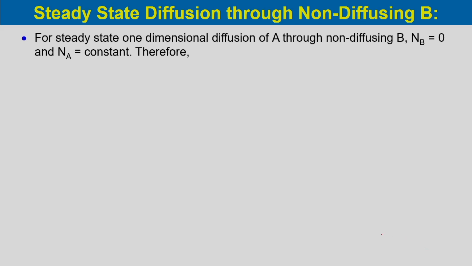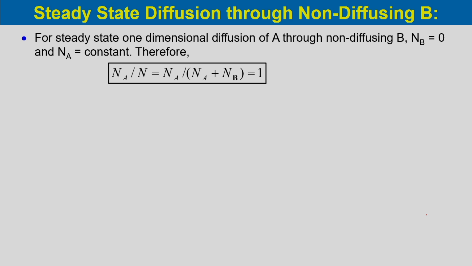Now, steady state diffusion through non-diffusing B. For steady state one dimensional diffusion of A through non-diffusing B, NB would be equal to 0 and NA would be equal to constant. Therefore, NA by N would be equal to NA by NA plus NB, which is equal to 0 since NB is equal to 0.